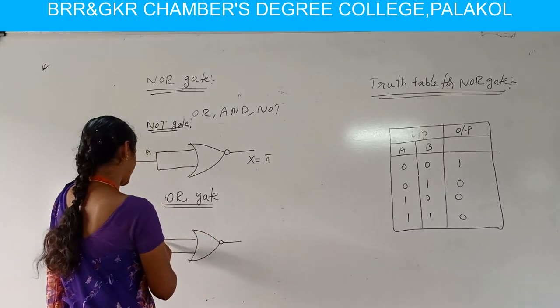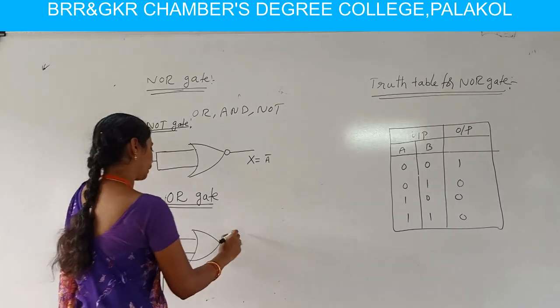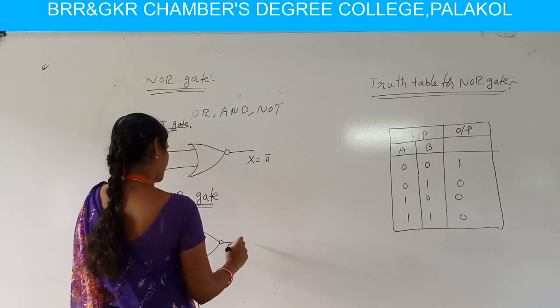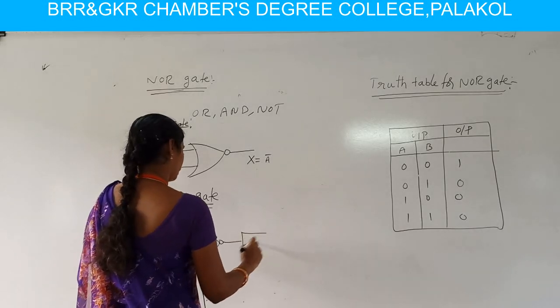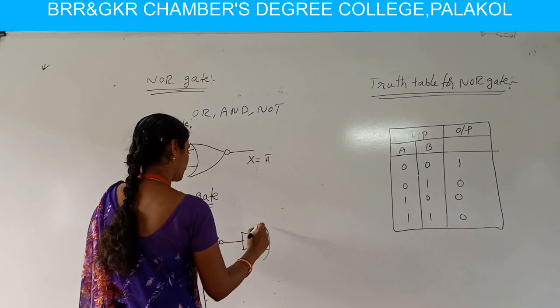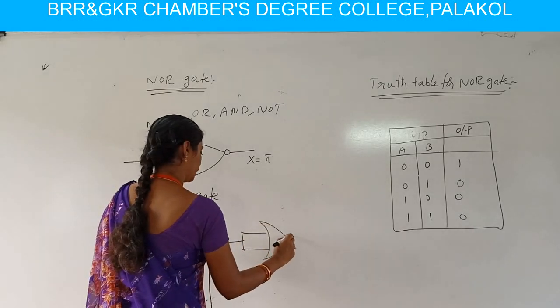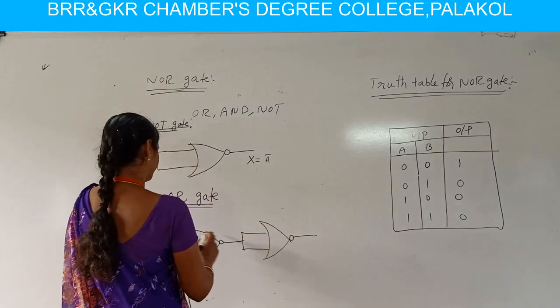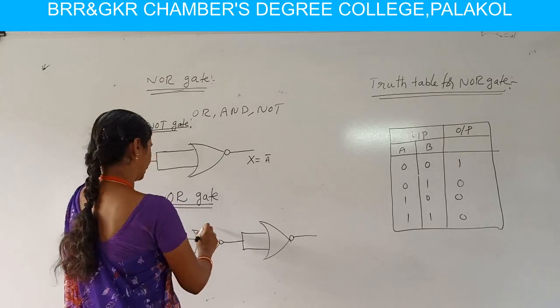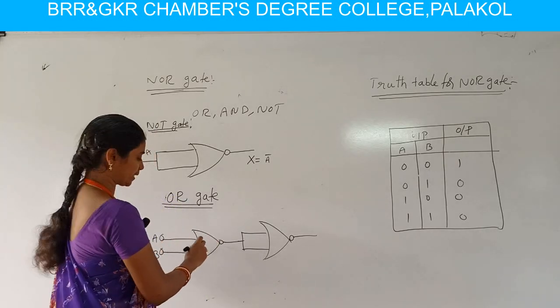By connecting these NOR gates in series in this manner, the variables A, B are given to this.